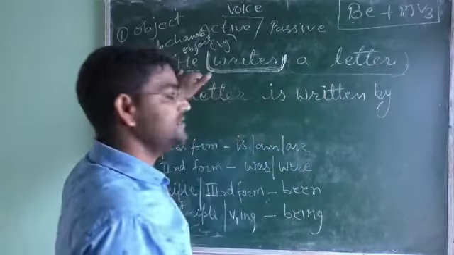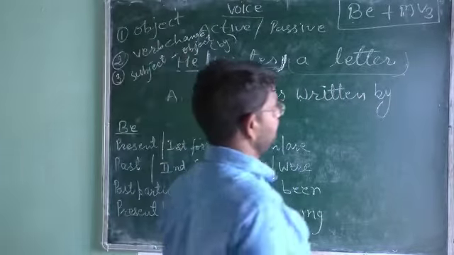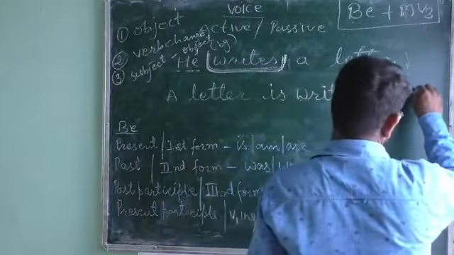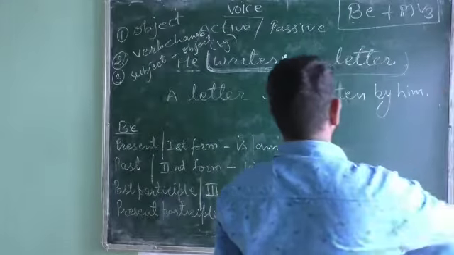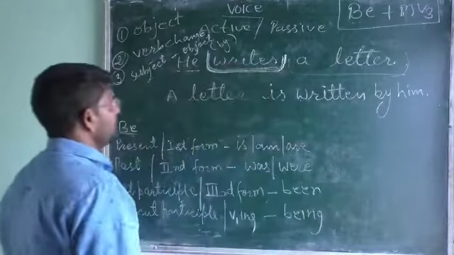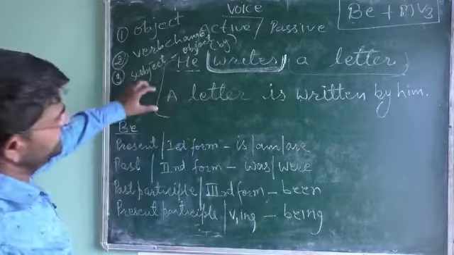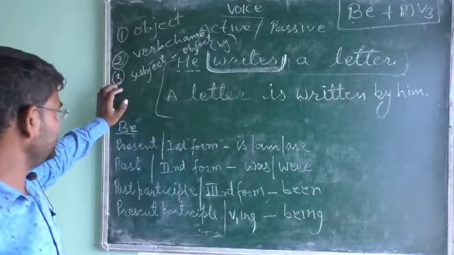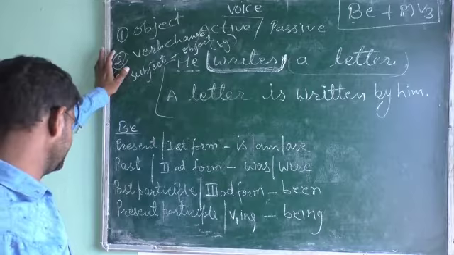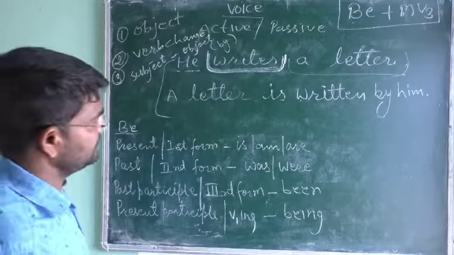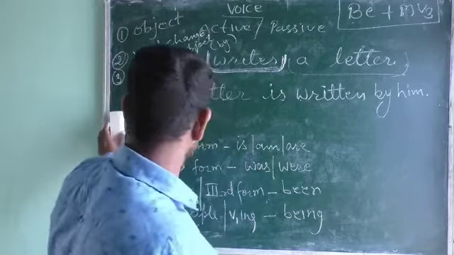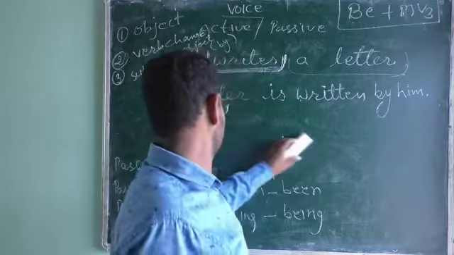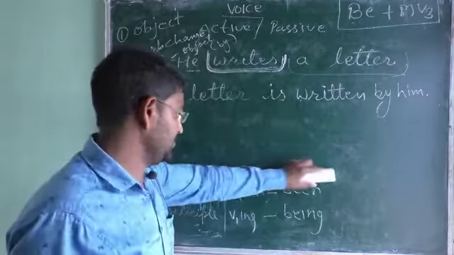It means this is the subjective form and this is the objective form. Full stop. This is the basic thing when we are changing active sentences into passive form. These are the normal formulas or rules.